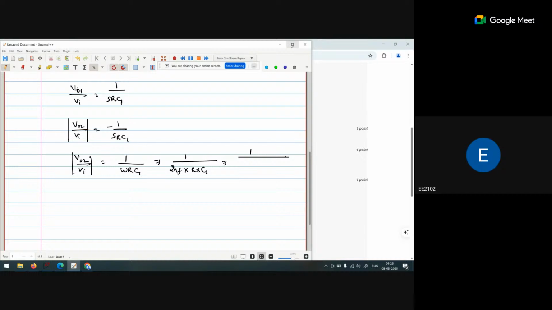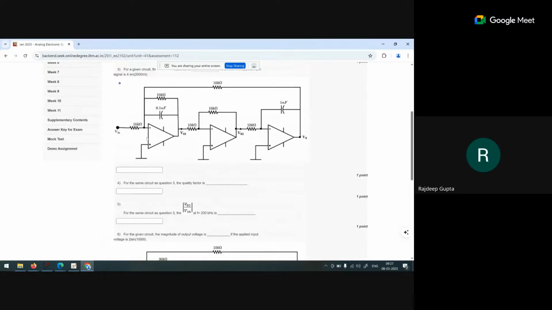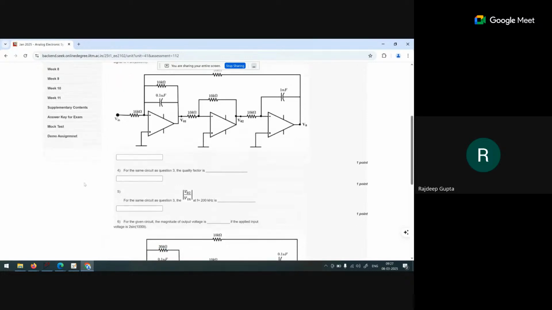F is 200 kilohertz, R is 10 kilo-ohm and C1 is 0.1 microfarad.